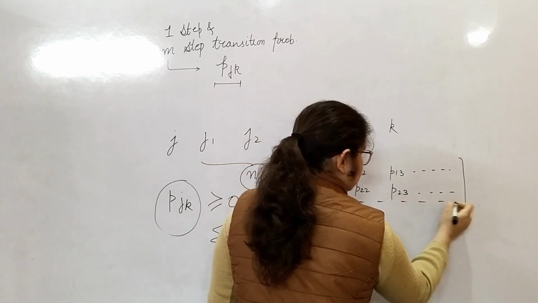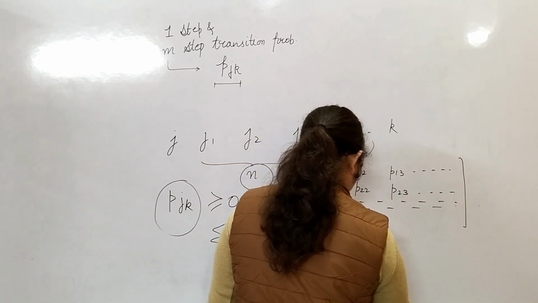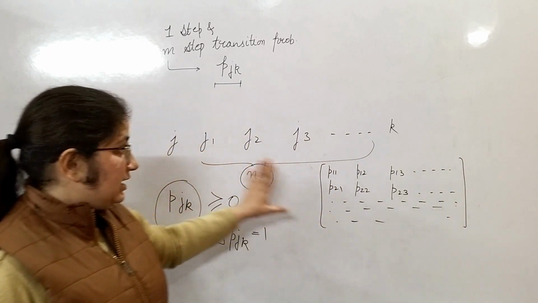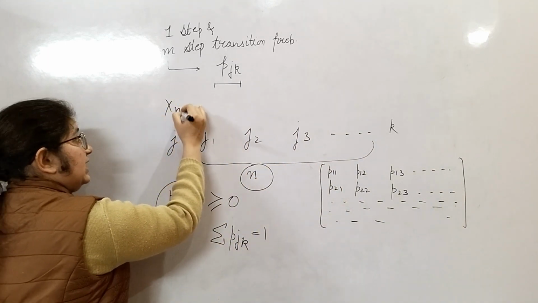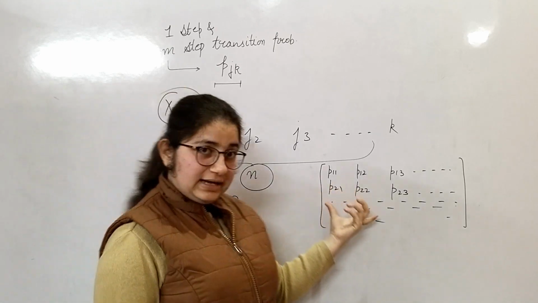So like this, if the random variable Xn assumes infinite values, then you will make it an infinite matrix.